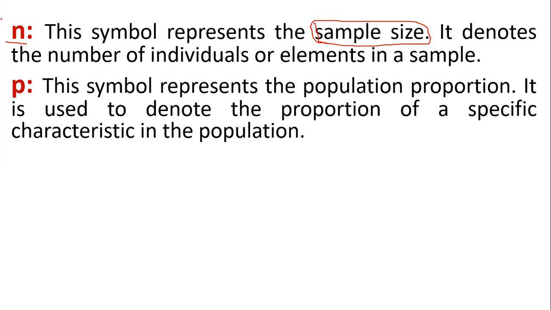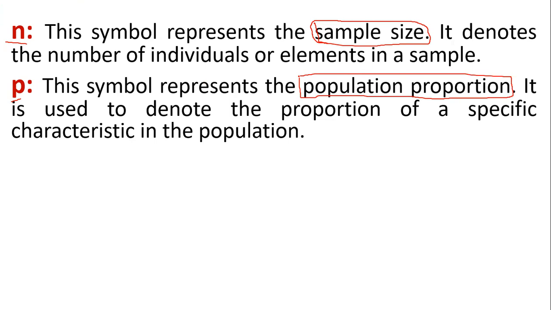P, small p, when used in the formula, represents the population proportion. It is used to denote the proportion of the specific characteristic in a population.